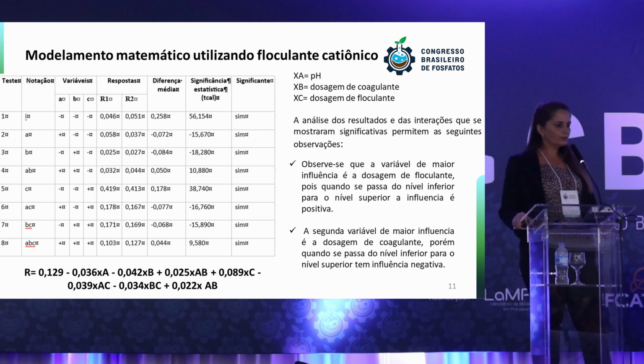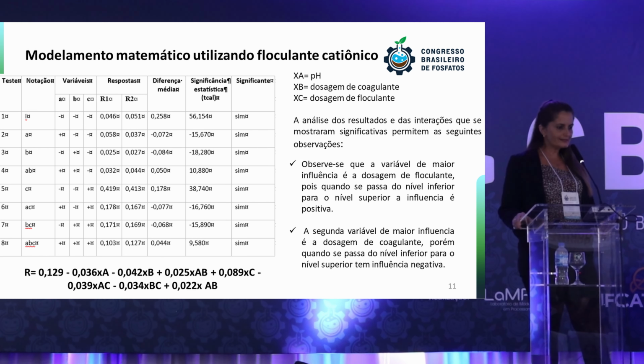And in the table, when there is a difference, you can notice that the highest influence here came from the dose, and the second most influential variable is the dose of flocculant. But when it goes from the lower level to the upper level, the impact becomes negative.